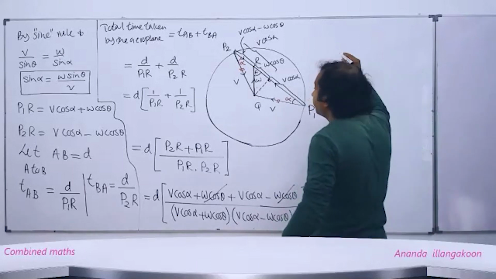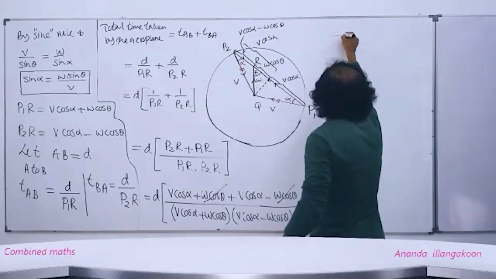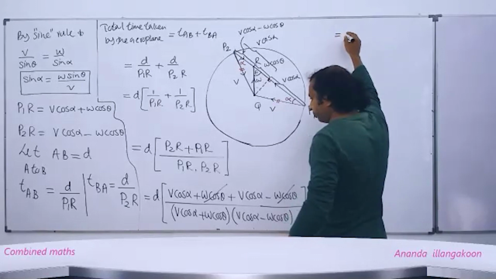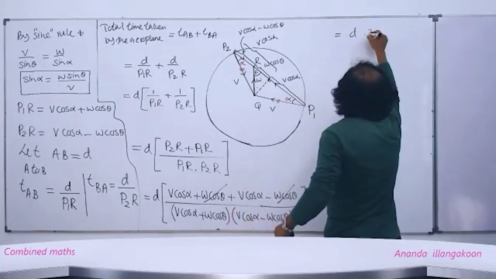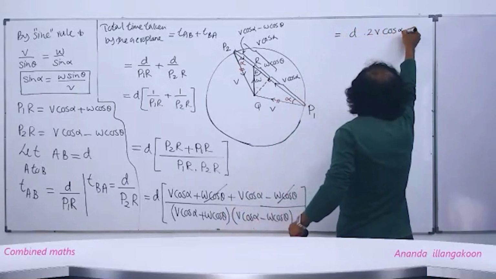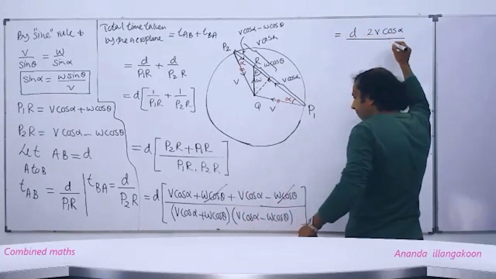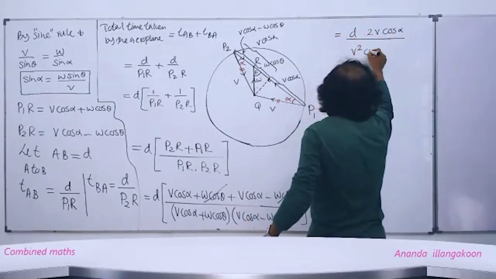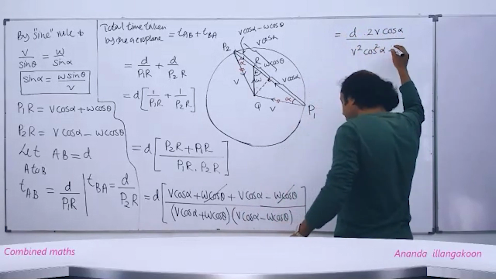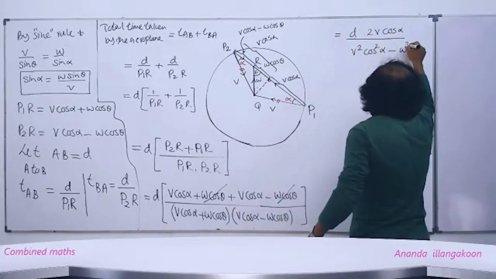Here we get the total time as D times 2V cos alpha over V squared cos squared alpha minus W squared.